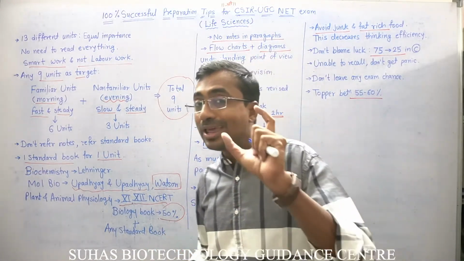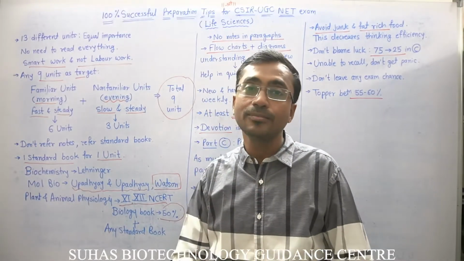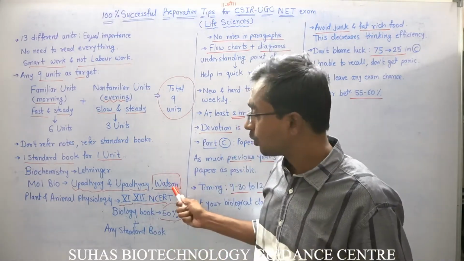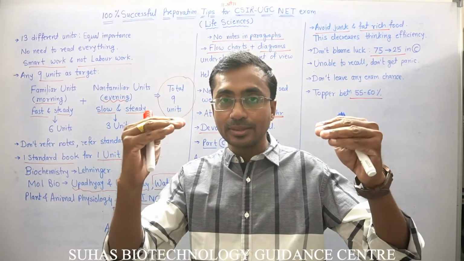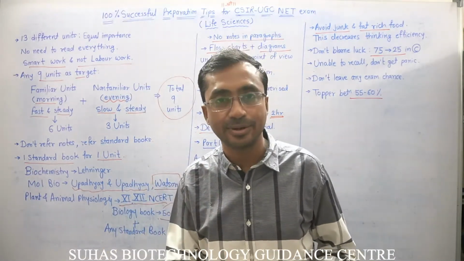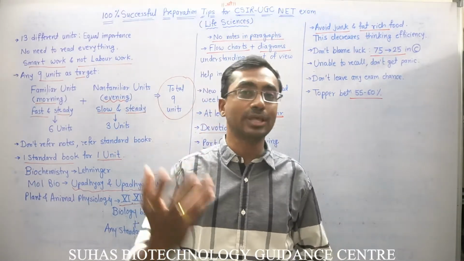Only molecular biology is a unit for which I suggest you refer to 2 important books. First is Watson. The diagrammatic representations in Watson are self-explanatory, and the descriptions given below the diagrams are more than enough.